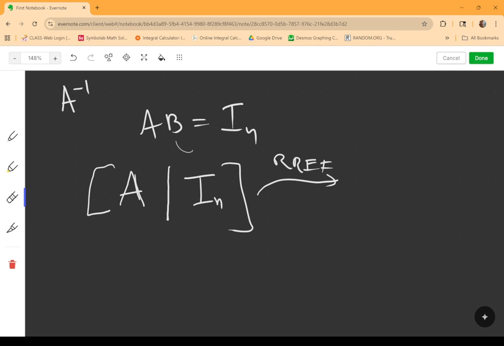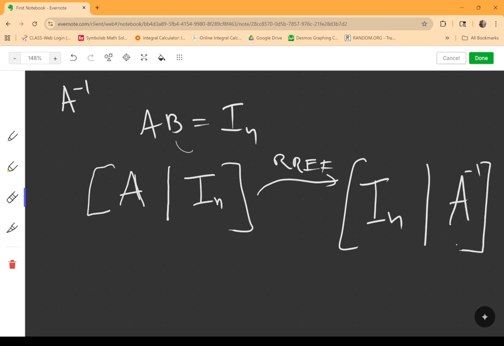If we reduce to reduced row echelon form, we'll get the identity on the left side, and what will be left on the right side is A inverse. So that is the goal: to find a matrix that does this operation. Let's work through an example.